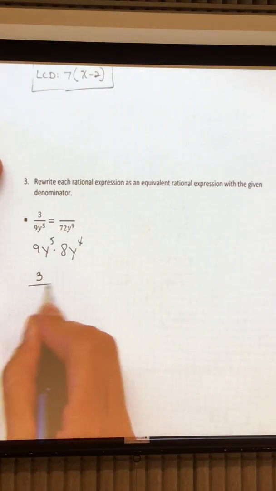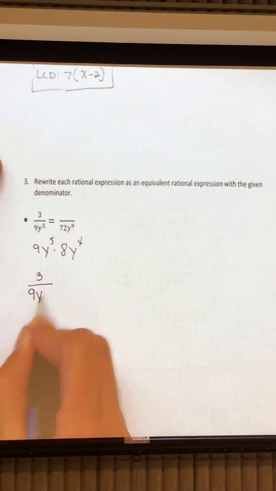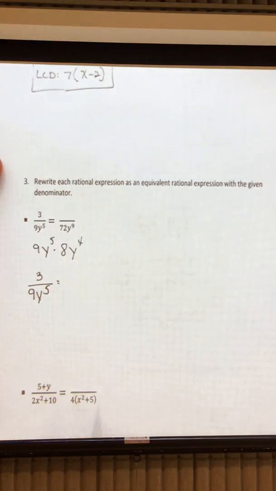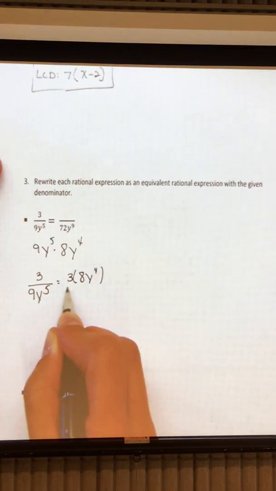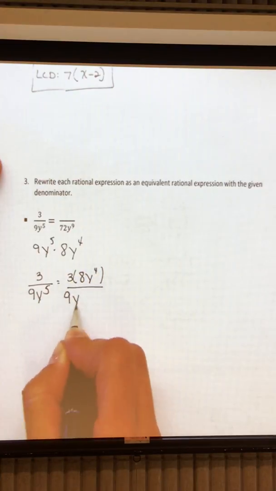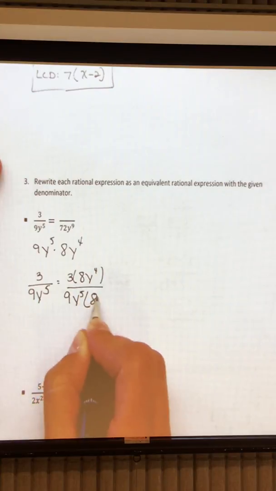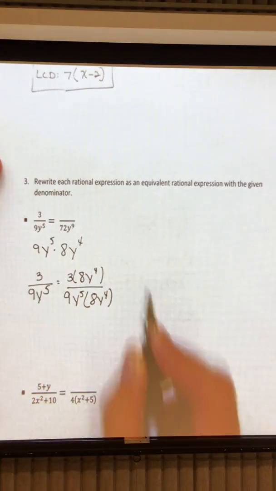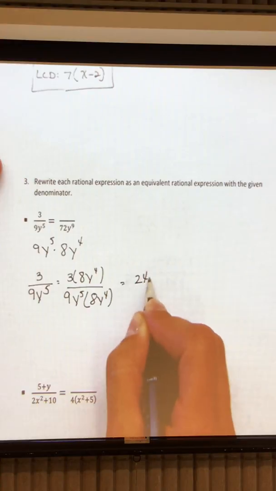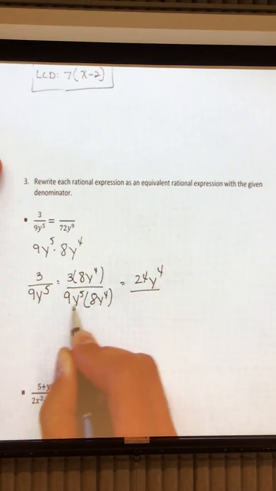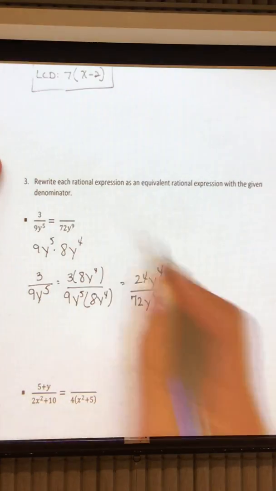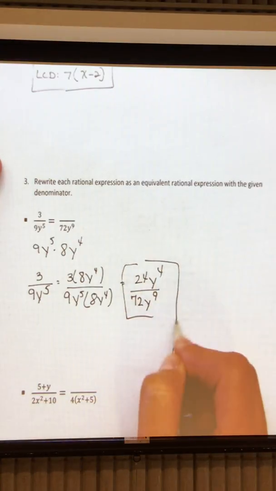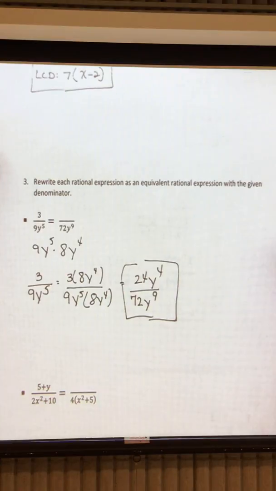So we have 3 over 9y to the 5th is equal to 3 times 8y to the 4th over 9y to the 5th times 8y to the 4th, and that is equal to 24y to the 4th over 72y to the 9th, which is what we're looking for, and that is our equivalent expression.